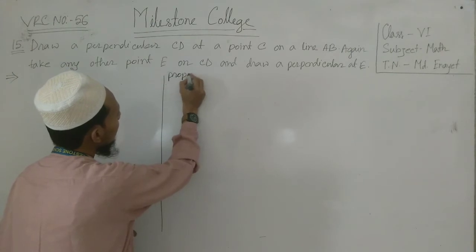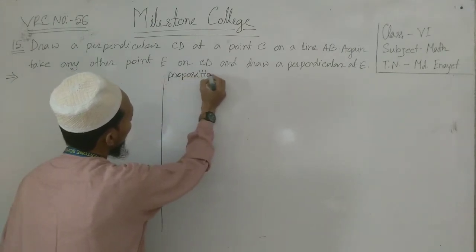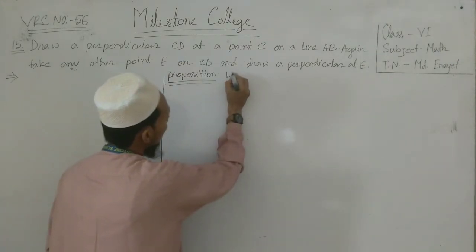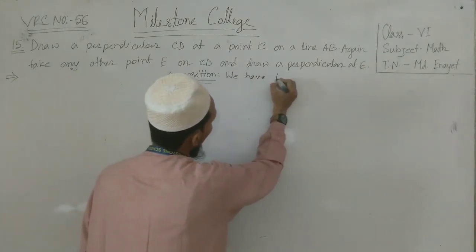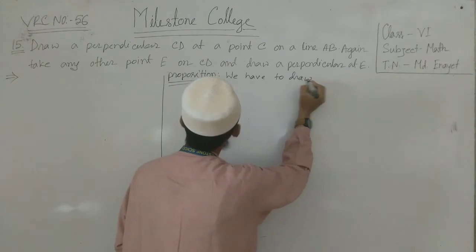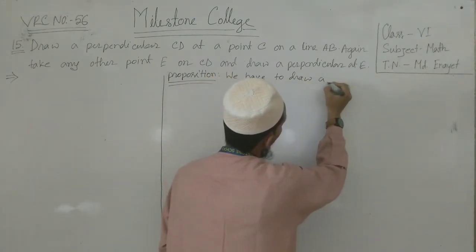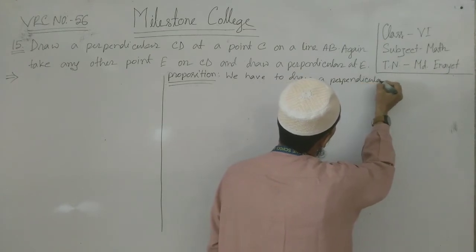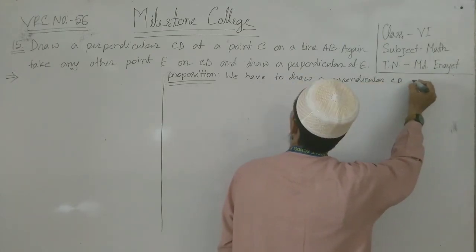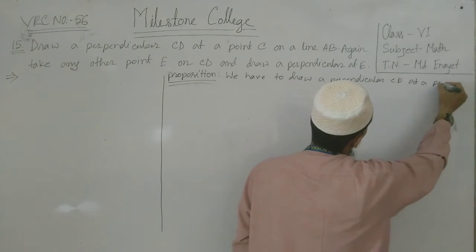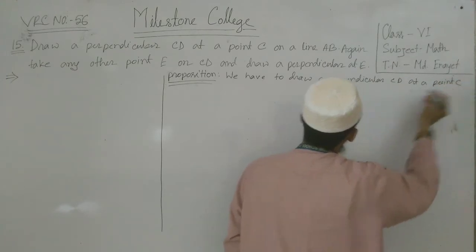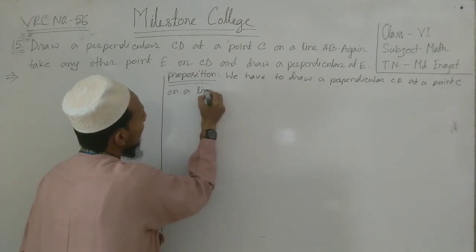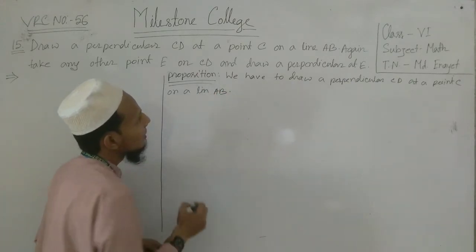So, proposition: we have to draw a perpendicular CD at a point C on a line AB.